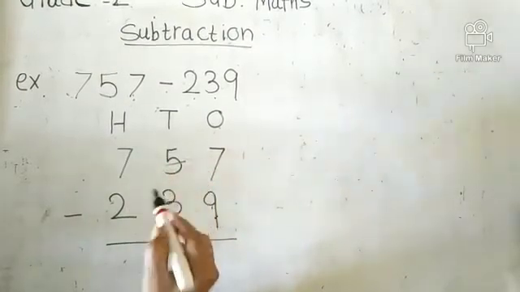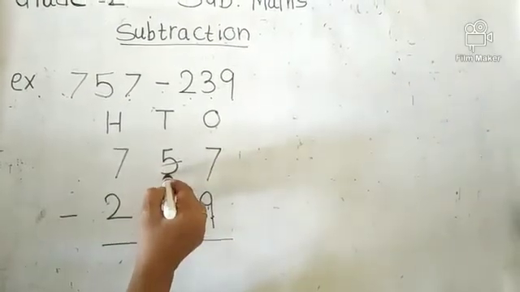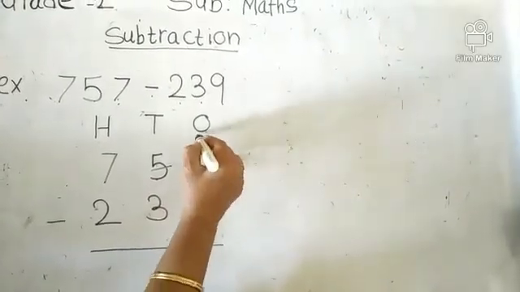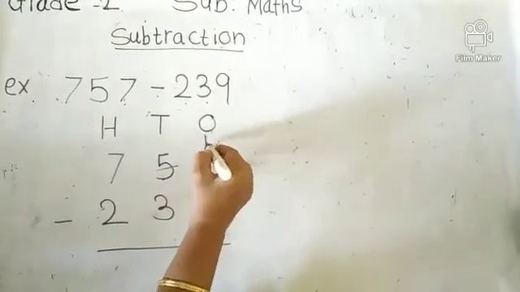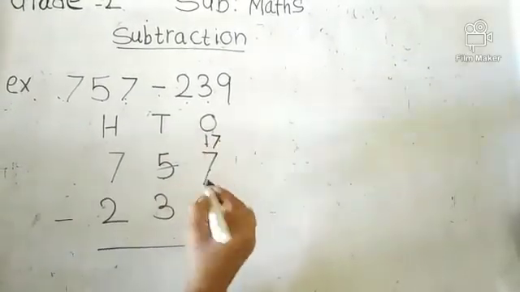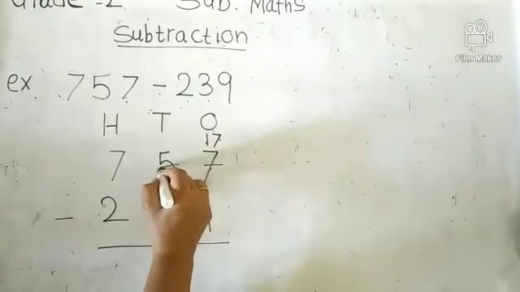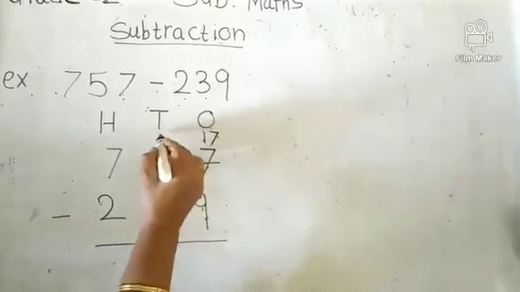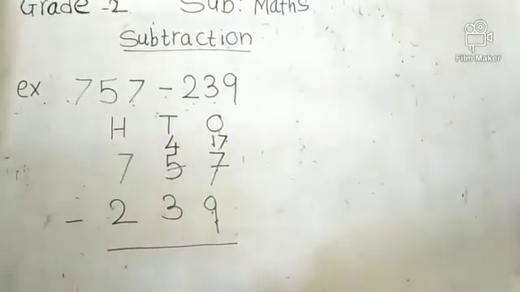Here in tens place, here are 5 tens. So we will give 1 tens here on ones place. This 1 tens and this 7 means we get here 17. And from 5 tens we gave here 1 tens. So here remains 4 tens.